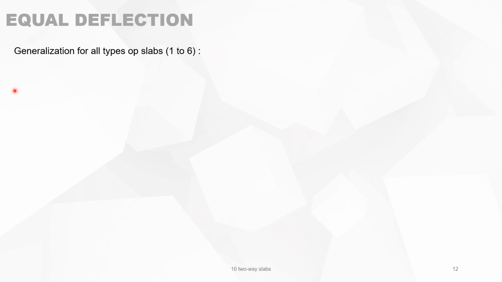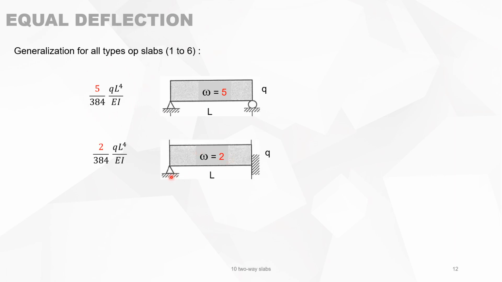Now we can generalize this for all types of slabs, for slabs 1 to 6. And you see that for all slabs 1 to 6, you have different situations, which is simply supported on both sides. Maximum deflection is given by this formula. You can have another situation where it is fixed and clamped. Then the deflection in the middle of the span is this formula.